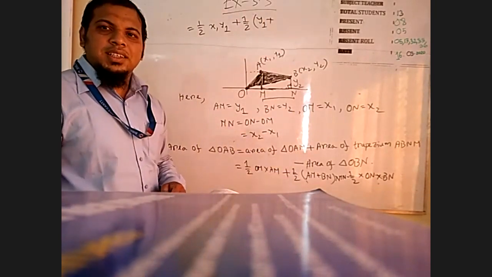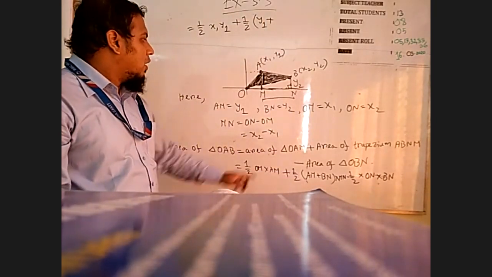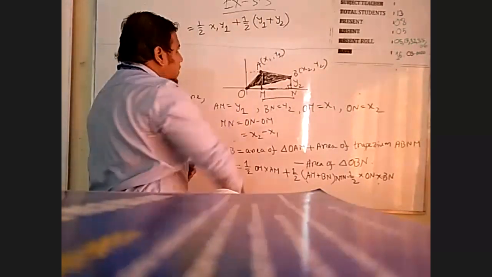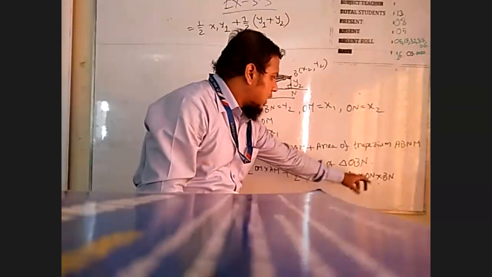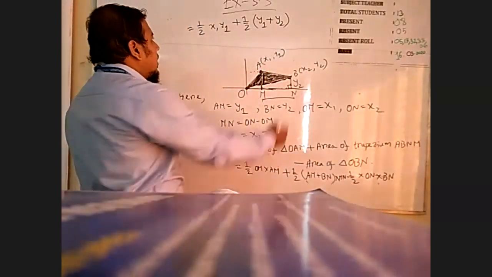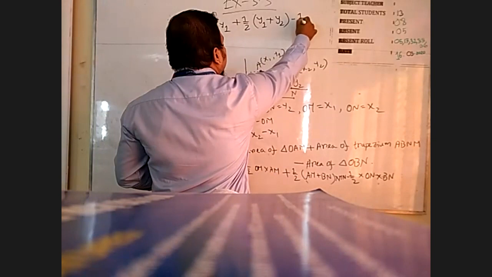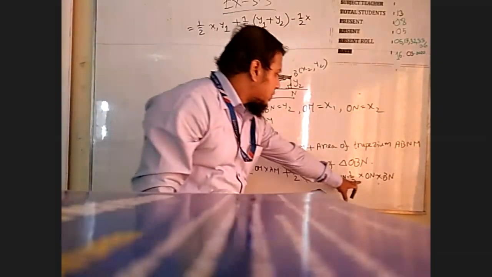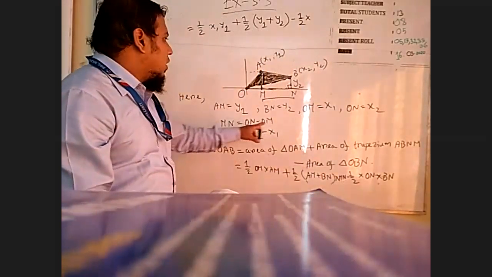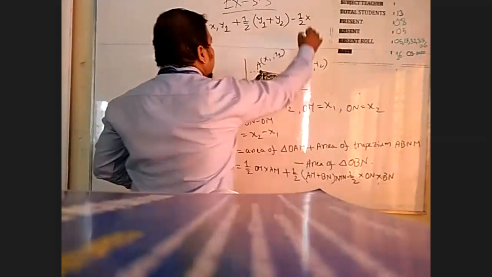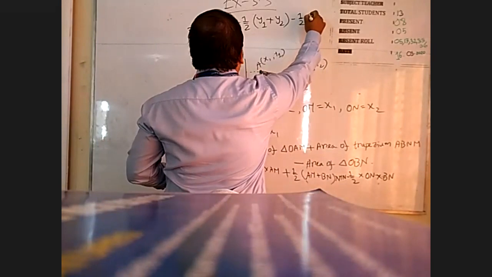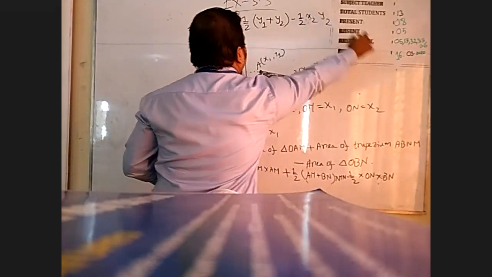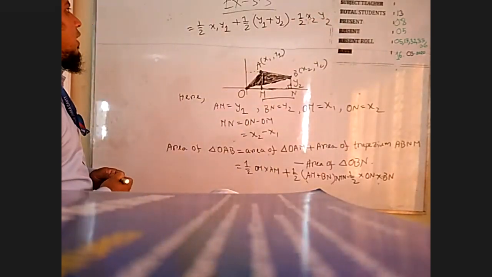BN is y2. Then minus half into ON into BN, the area of the triangle. ON is x2, so half into x2 and BN is y2: half x2 y2. Okay, fine.